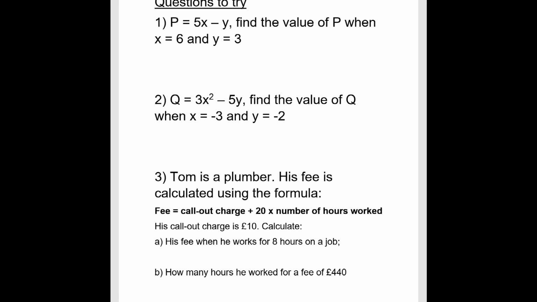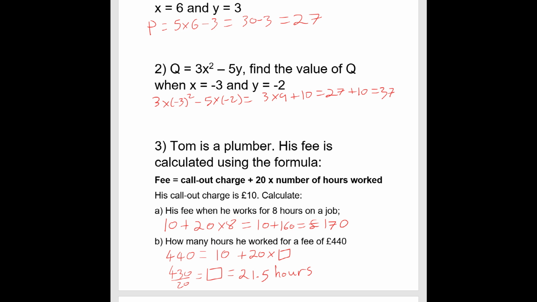Here are the answers. For question 3b, we need to work out the number of hours worked if the fee is £440. You might be a bit unsure on how to do this. Well, what I've done is I've worked backwards. To get the fee, we multiply 20 by the number of hours worked, and then we add on the call-out charge.